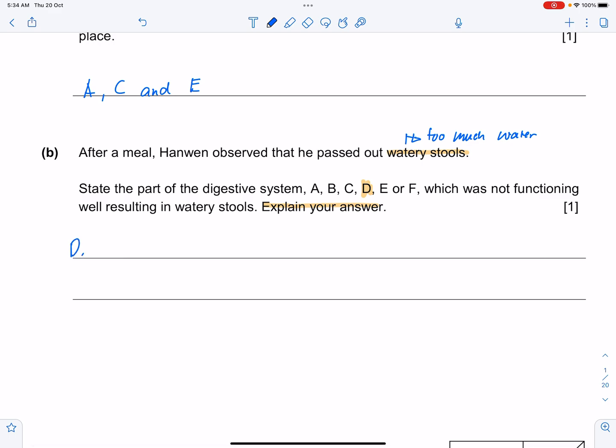D. So you can say that part D is not functioning. Means not enough water was absorbed.